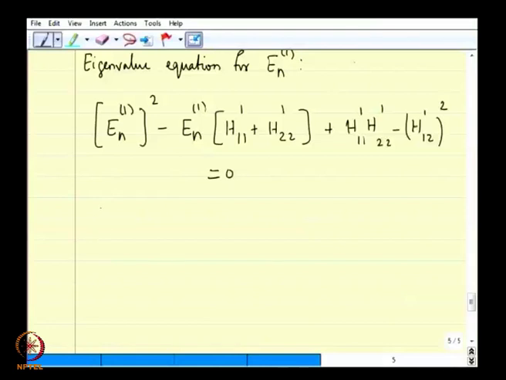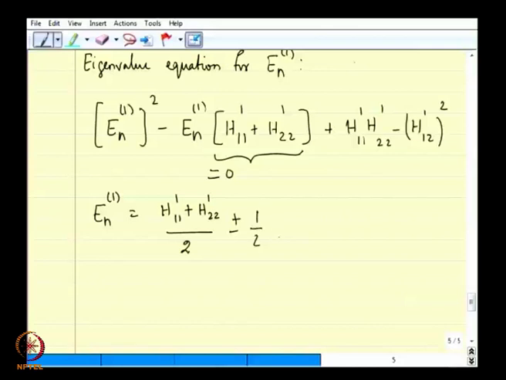So the solution En1 is minus b, which is H111 plus H122 by 2, plus or minus the square root of b square minus 4ac.